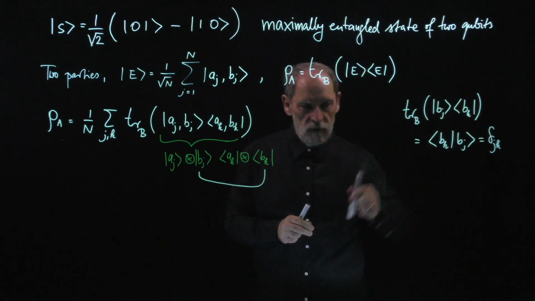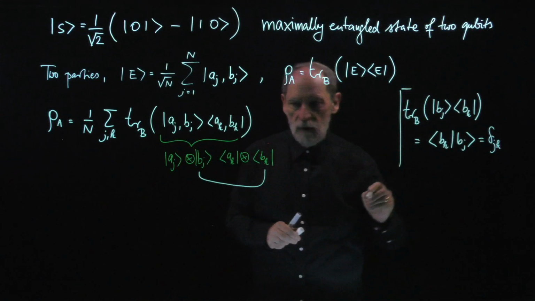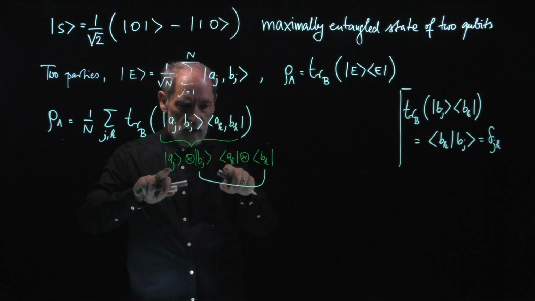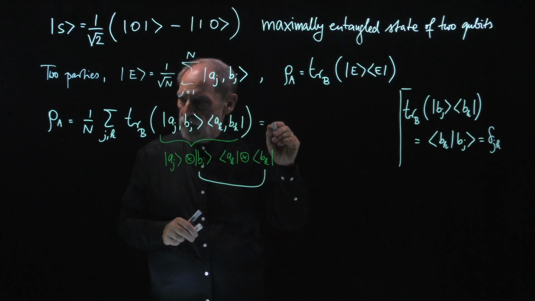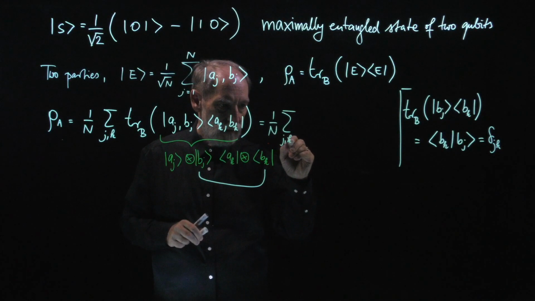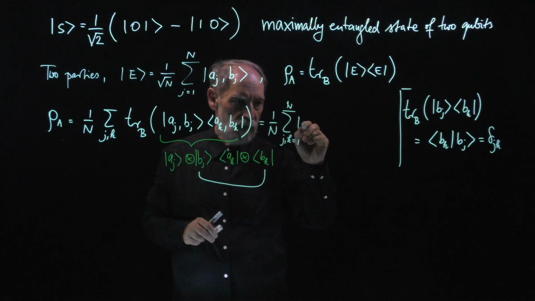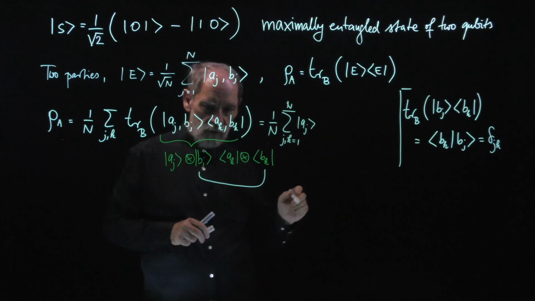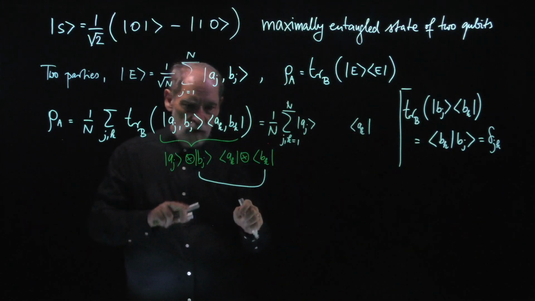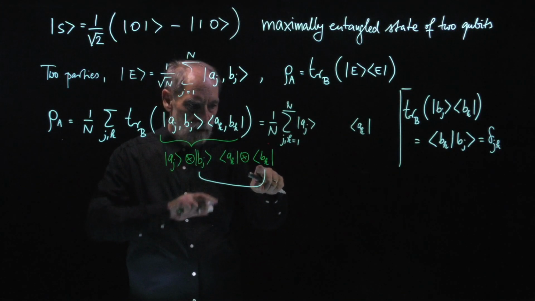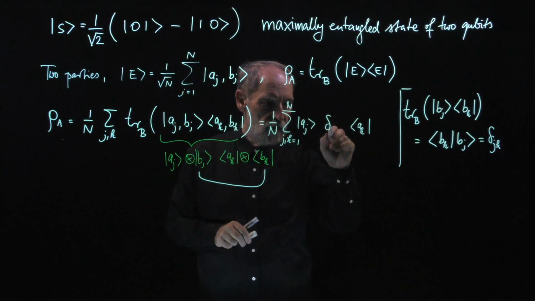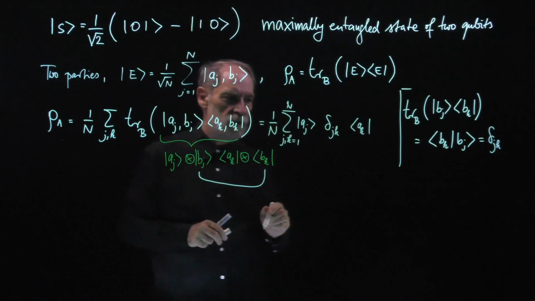So this is on our piece of scratch paper. We use this in here now. So we will have the aj and the ak contributions survive the tracing. So there is the aj ket surviving, there is the ak bra surviving, and the bj ket and the bk bra, after tracing out over b, will give us the delta jk Kronecker symbol.